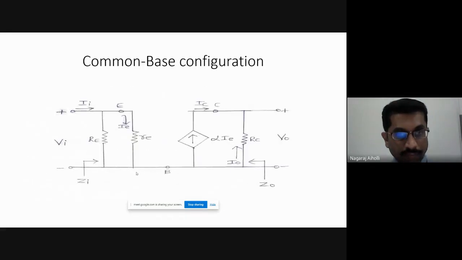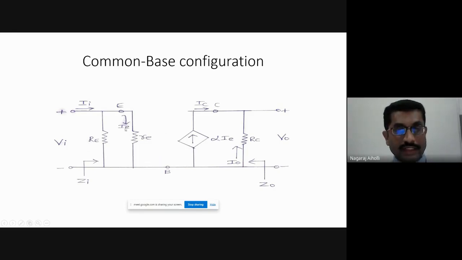Look into this re model. Now, Ii: capital RE is larger than small re. We know that the current always follows the path of least resistance. As capital RE is a larger value, the current flowing through capital RE is very less, and the majority of the current Ii will flow through small re.